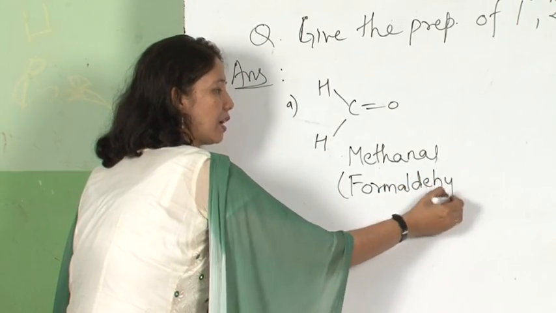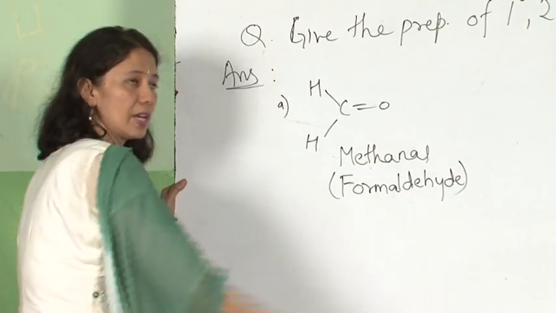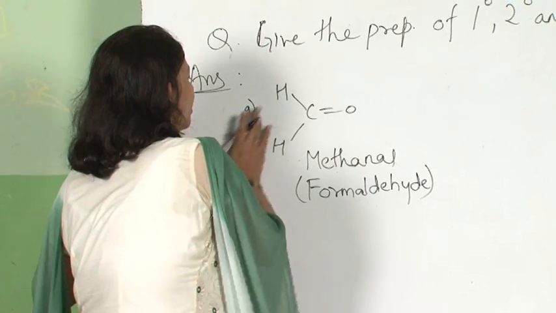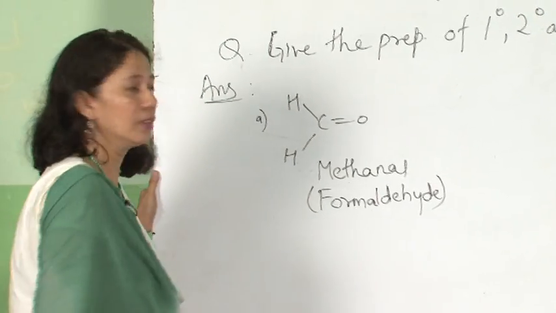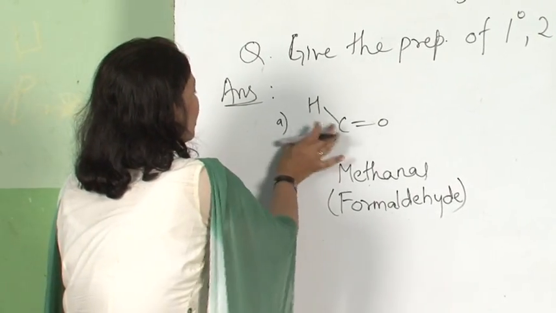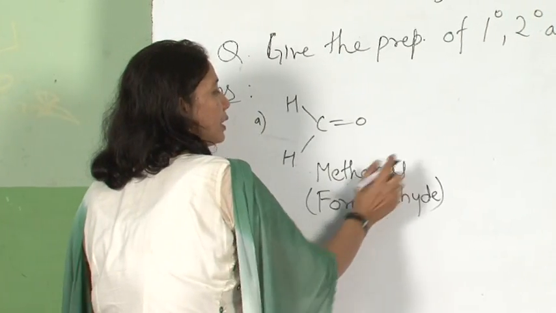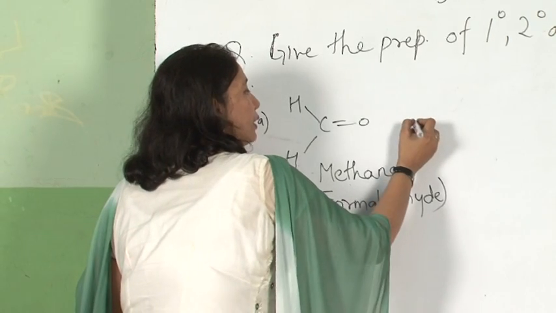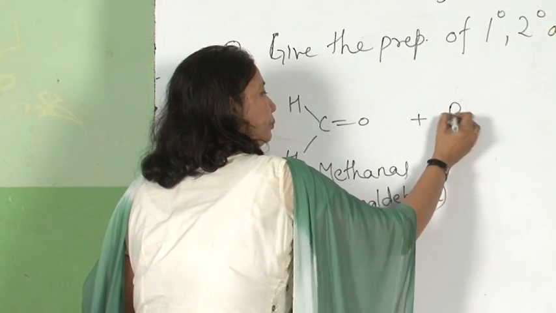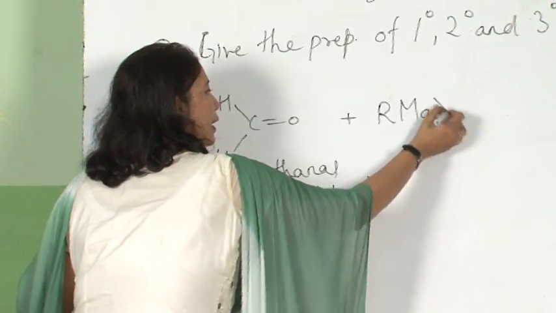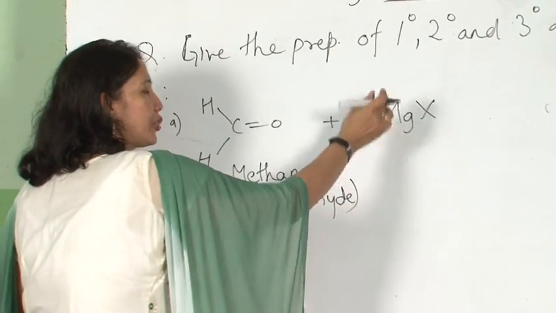Formaldehyde is a gas, and if I pass this gas through water, I am going to get formalin. The formalin is used to preserve biological specimens. This is now methanal. I am reacting it with Grignard's reagent, RMgX, alkyl magnesium halide.